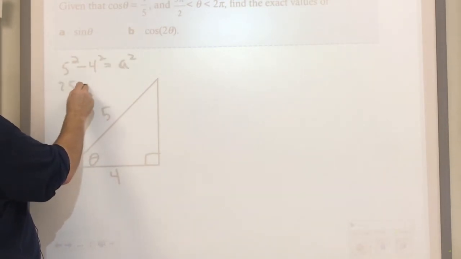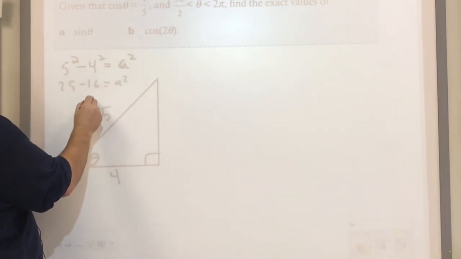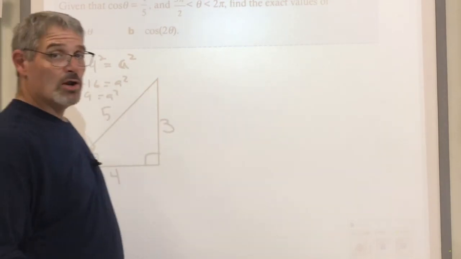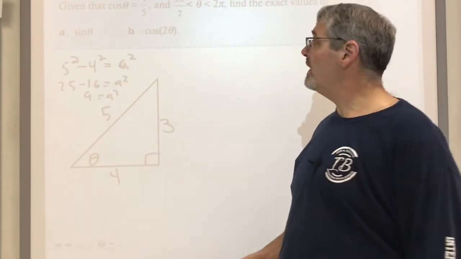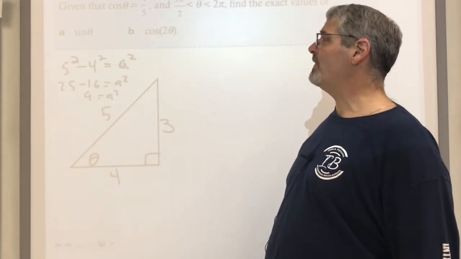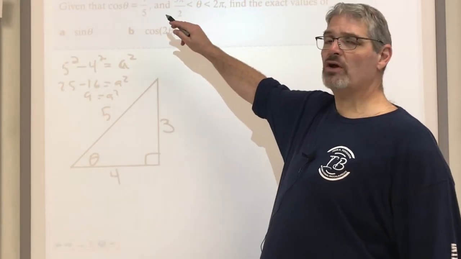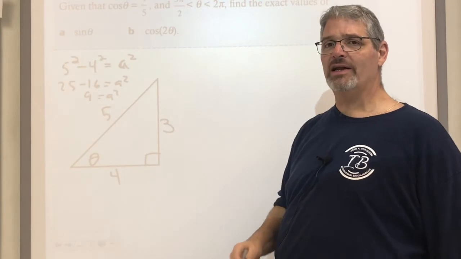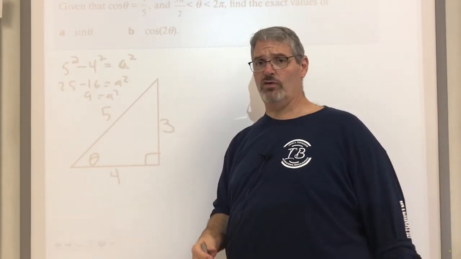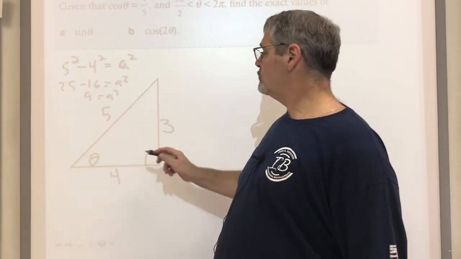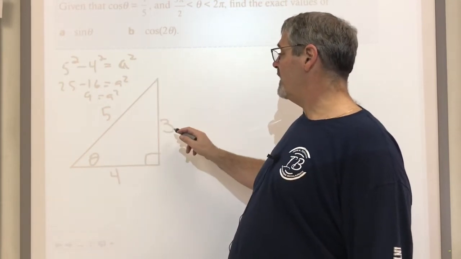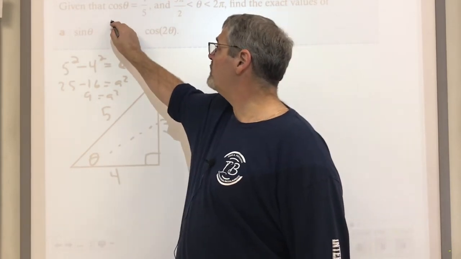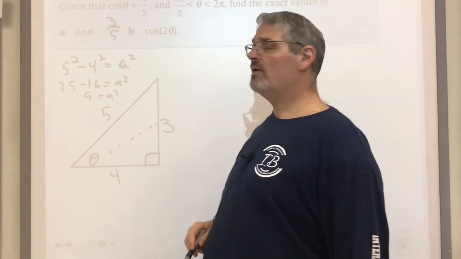And I get 25 minus 16. So a squared is 9, so a is 3. Knowing that a is 3, well, now I can easily figure out what the sine is. Remember, when they give you the cosine and they're asking you for the sine, the easiest way is not to use identity, it's to use SOHCAHTOA and to use the Pythagorean theorem. So now my sine of theta is going to be the opposite over the hypotenuse, which is going to be 3 over 5.